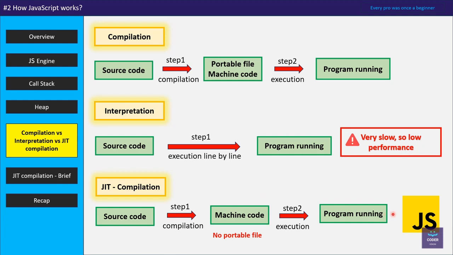We will see that in more detail in the JIT compilation in-depth session. So our JavaScript engines work using the JIT compilation method. But I saw many people saying JavaScript uses the interpretation method. If you know someone telling like this, just forward this video so that they can learn.